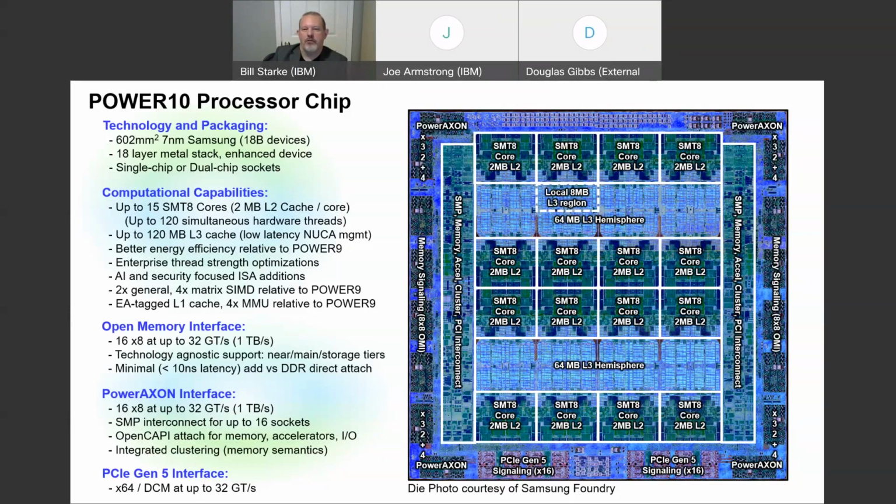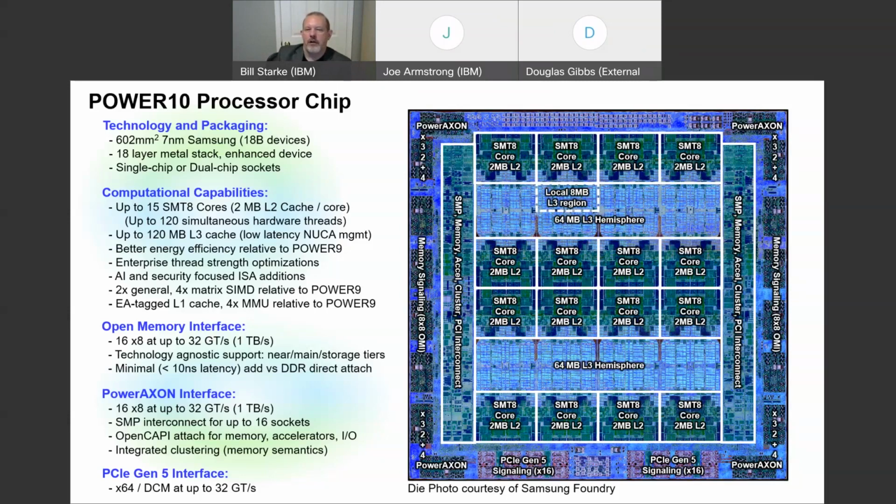I did get this question because we draw them as two separate 64 meg hemispheres: is there a big latency difference between those two? The answer is, and it always has been, when you're on a chip and you're using this architecture this way, as we've done since Power7, there's always a little bit of advantage to being a little nearer physically to the local processor cache.